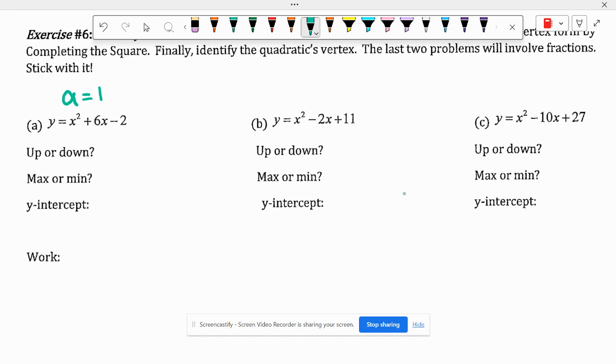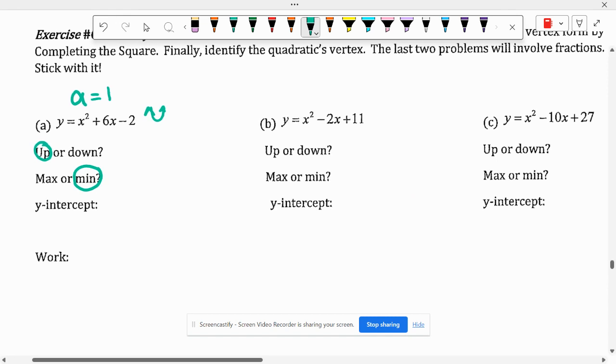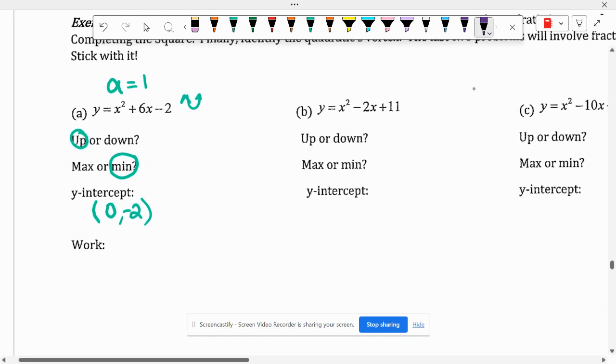Because a equals 1, my graph is going to smile. That means it's going to open up, which means it's going to have a minimum. True or false? All of those are true. What is the y-intercept? 0, -2. Those are all things that we get from standard form. Now we have to put this into vertex form.